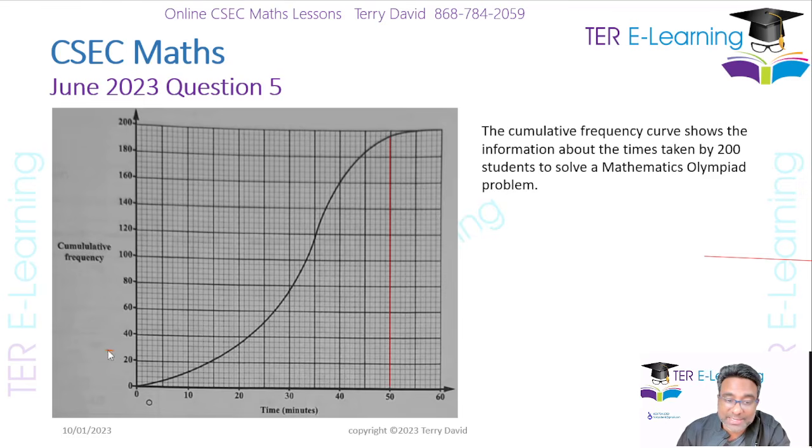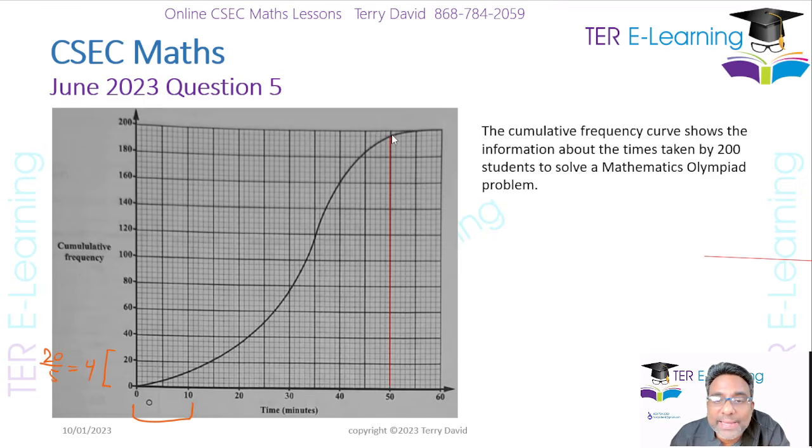Now, you need to know your scale here. If you don't know the scale, you're in trouble. All you had to do was take 20 and divide it by the number of lines, which is 5, and you get 4. So every small line represents 4 units.